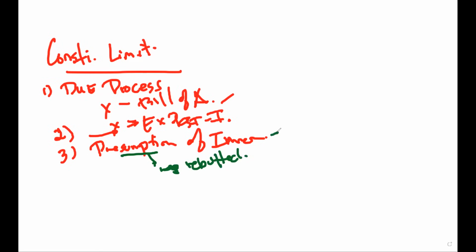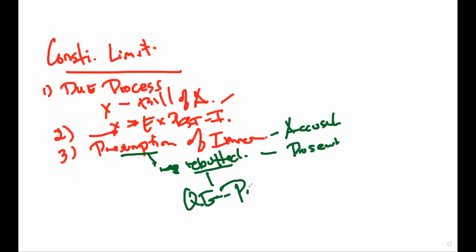So, ang accused enjoys the presumption of innocence. So, the prosecution has the duty to rebut. And how do you rebut that? By adducing evidence of quantum of evidence, which is proof beyond reasonable doubt.